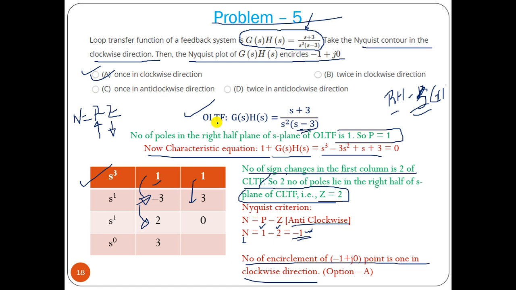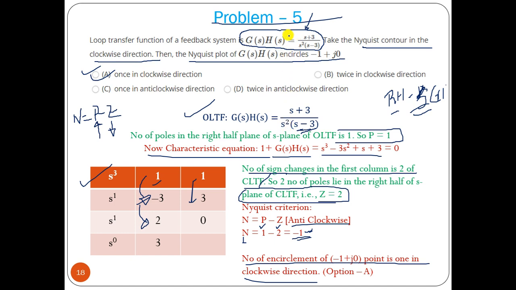So here we can see, if we know the open loop transfer function, and they ask for the number of encirclements of the Nyquist plot, we don't have to draw the Nyquist plot, we can do it directly.